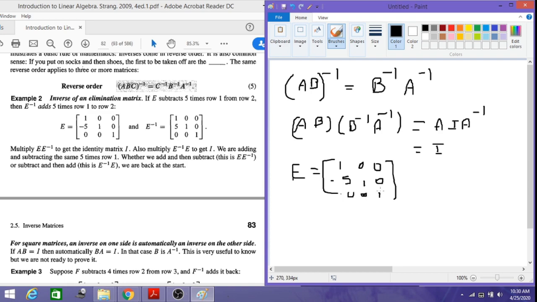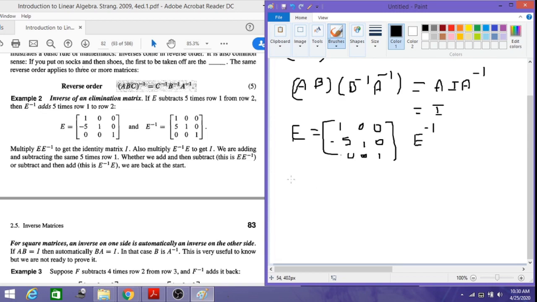And how do we find the inverse of this E? E inverse is simple. What we had done to obtain this elimination matrix is, for an identity matrix, 1 0 0, 0 1 0, 0 0 1, I multiplied row 1 with 5 and subtracted it from equation 2.